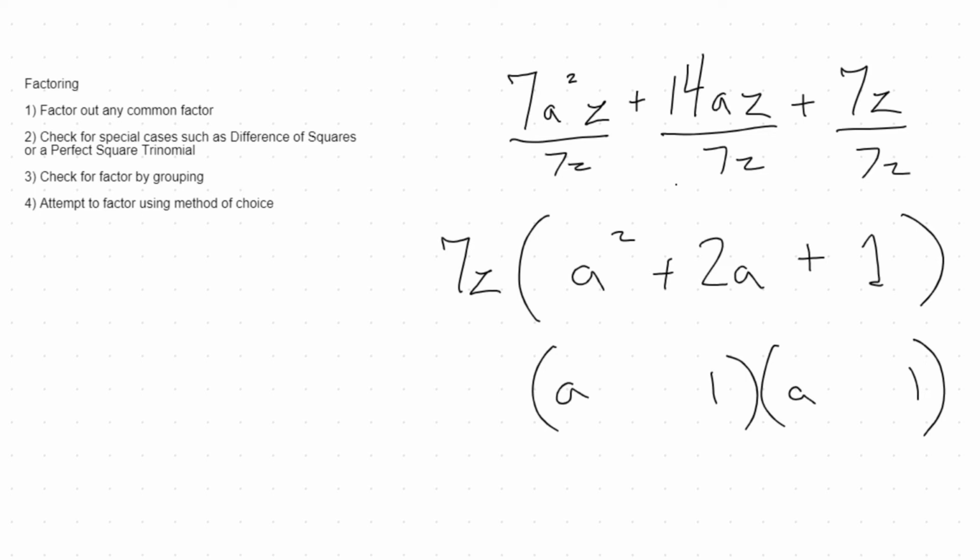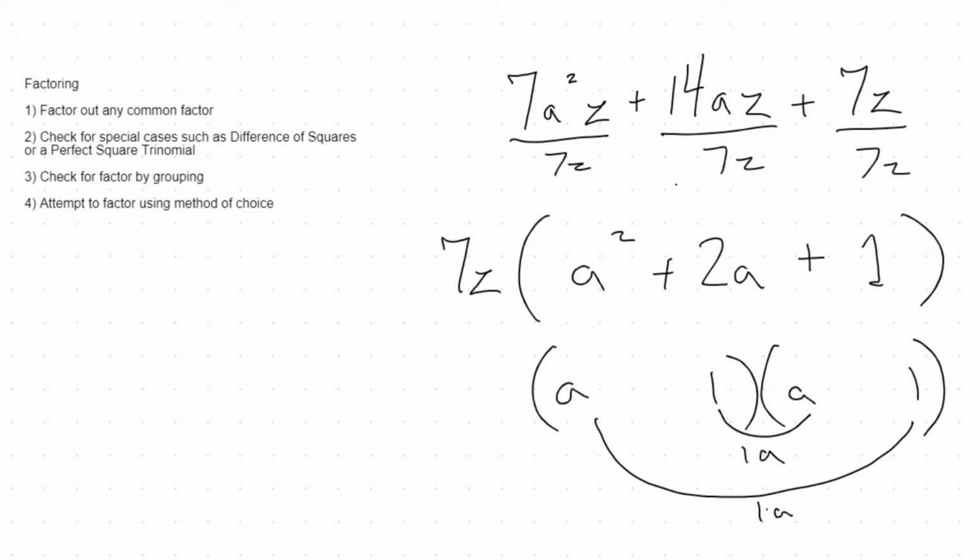So a times a gives us a squared, and 1 times 1 gives us 1, right? And what makes this fit into the perfect square trinomial is that if you multiply these products, a times 1 is 1a, 1 times a is 1a, add those together and you get 2a.